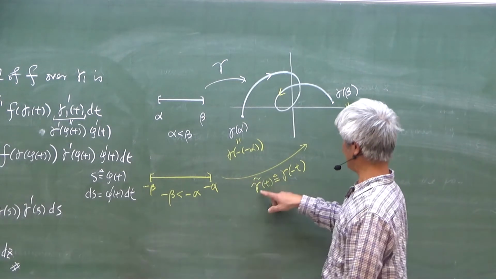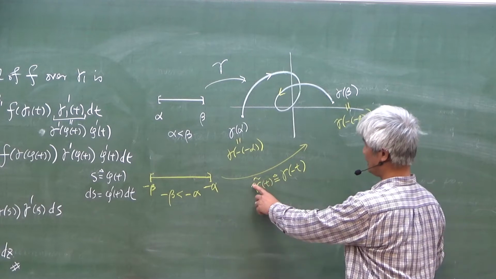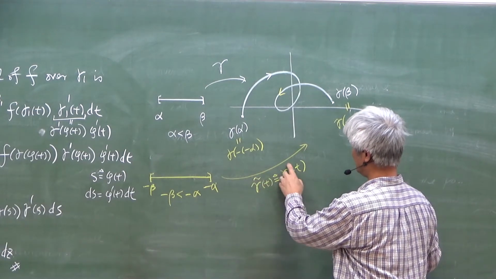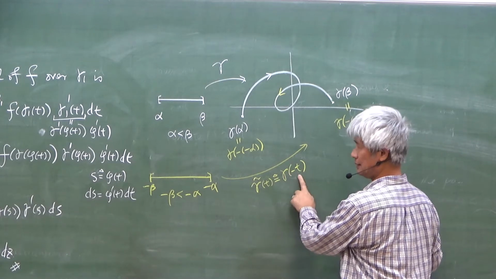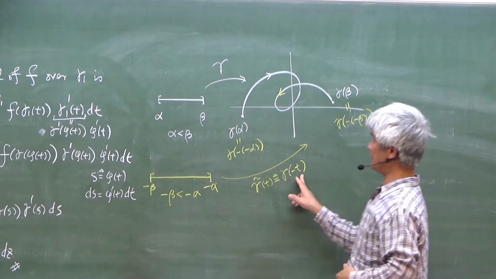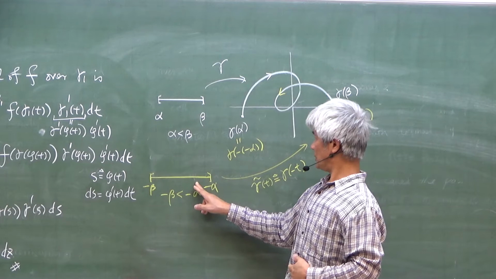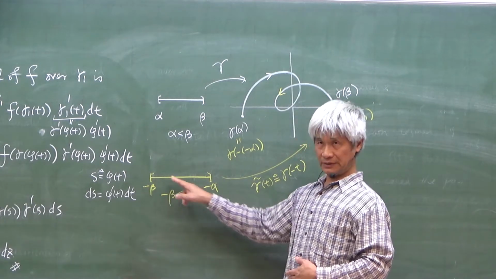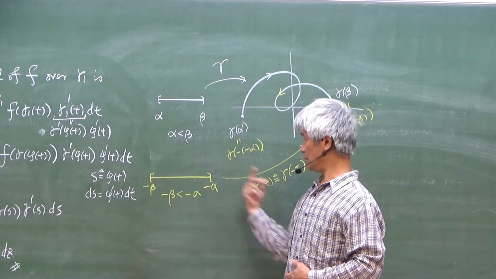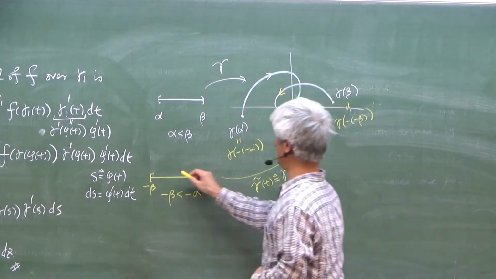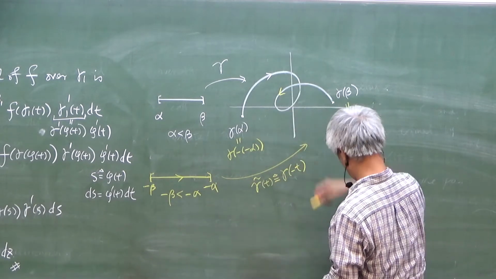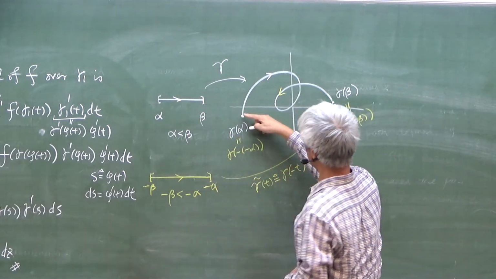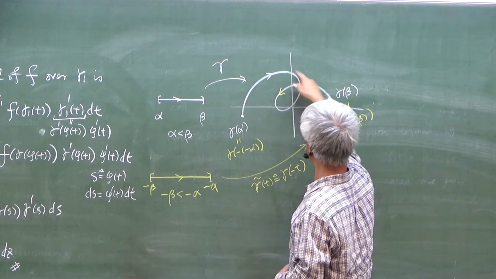By this definition, I define gamma tilde to be gamma of minus t, so the parameter interval becomes from minus beta to minus alpha. Just like when we move from alpha to beta, it moves from one endpoint to the other.